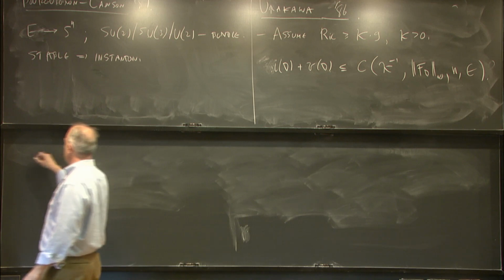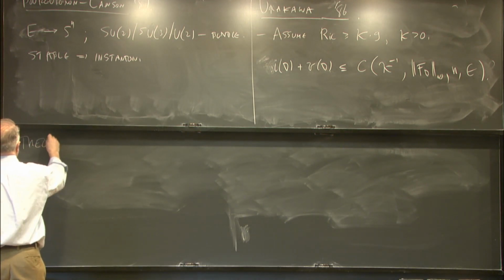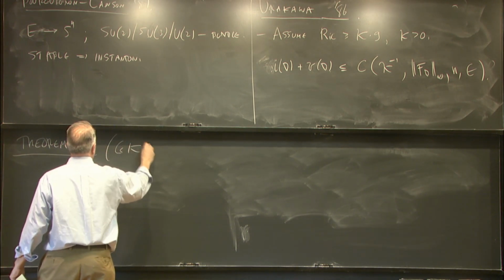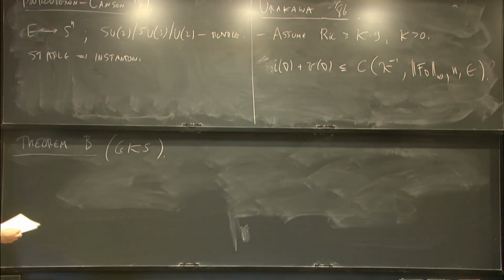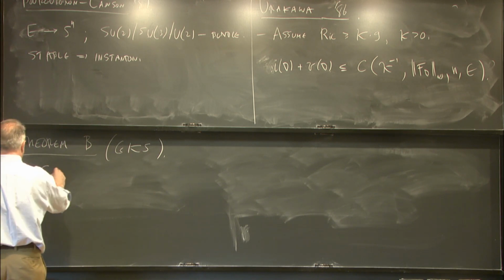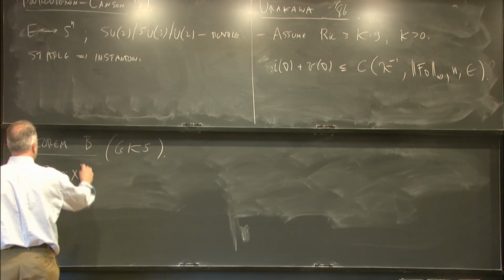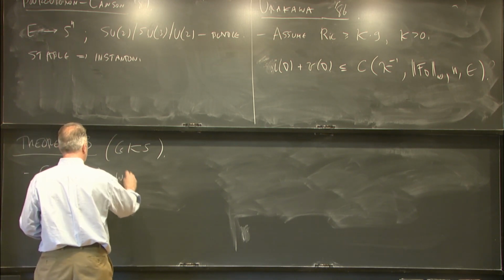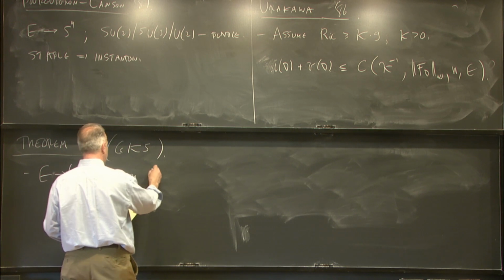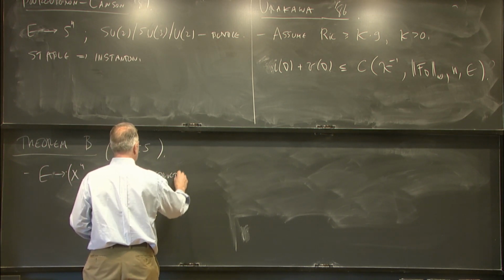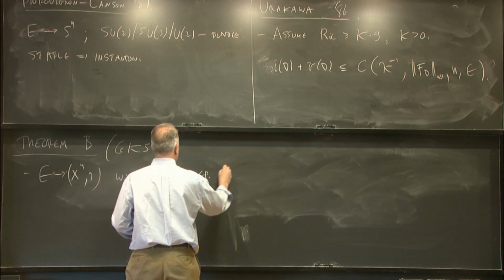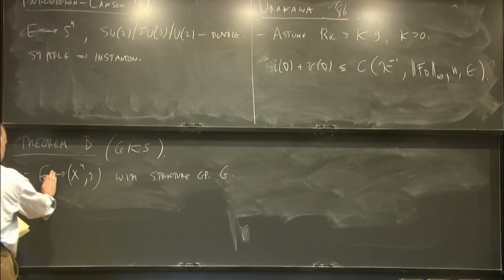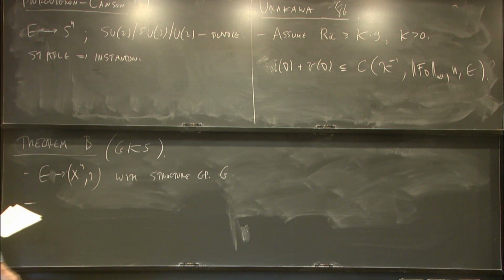So I'll call this theorem B. Same, different paper, but all three of us. Okay, so again, a vector bundle over a 4-manifold, and now actually the structure group comes into play in a sort of mild way, but it does come into play.